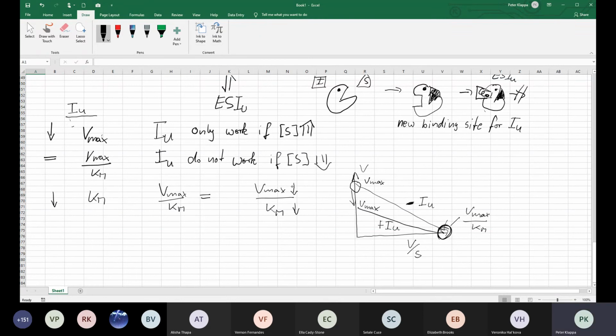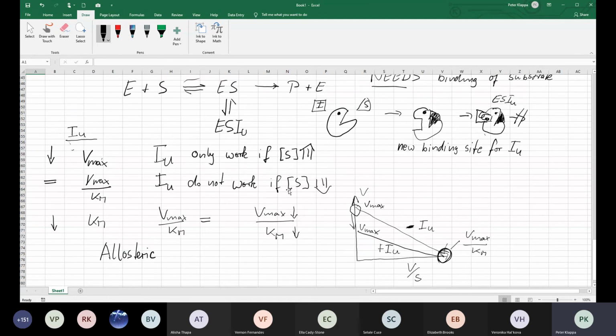Binds to the enzyme substrate? Absolutely. An uncompetitive inhibitor is always allosteric. It is an allosteric site.